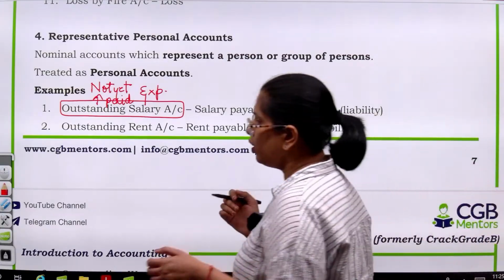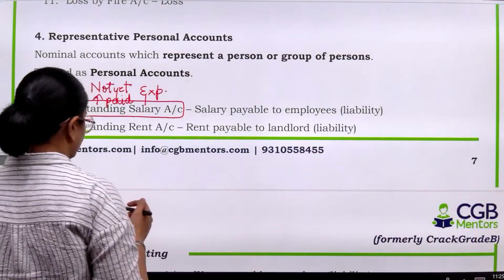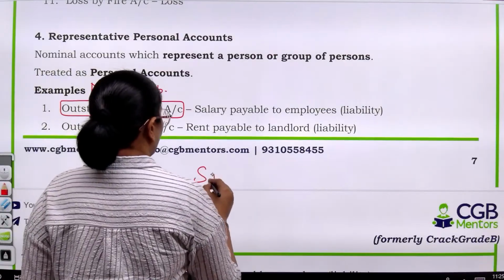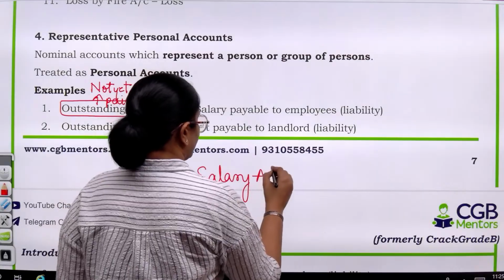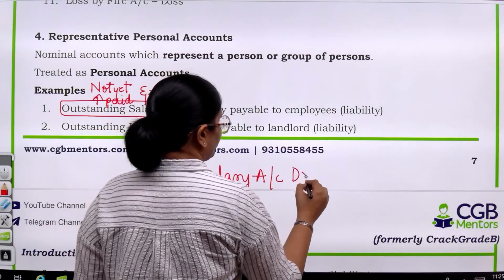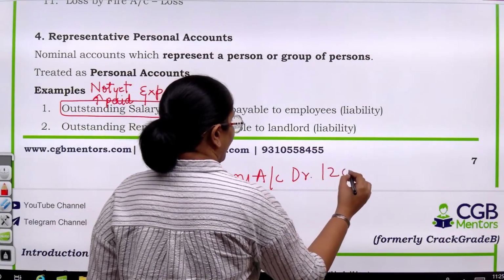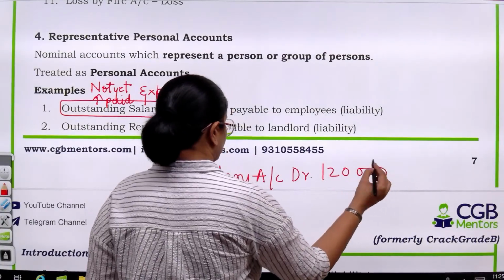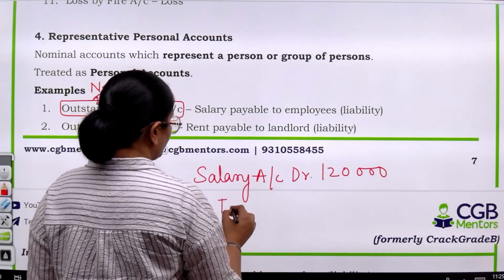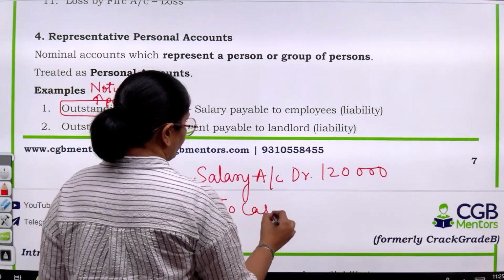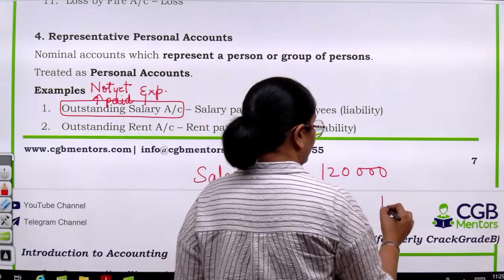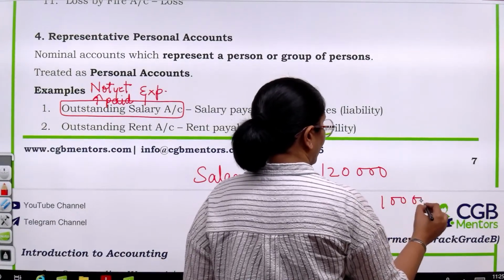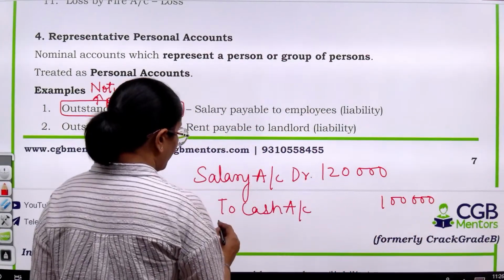Now let's have a look at what I am trying to explain. See this? Every month I pay 10,000 rupees as salary to my accountant. So this year I have to pay 1,20,000. This is the expense. Actually, in cash I have only paid 1 lakh rupees. Got the point?